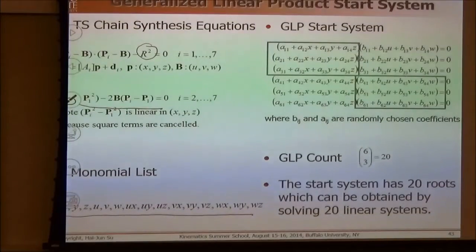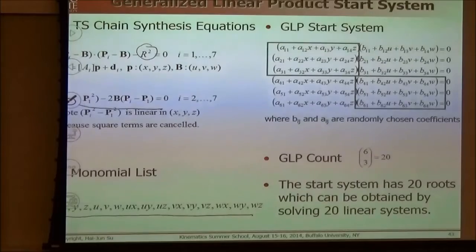And then the solution to that linear system gives you one solution of the start system. Now the root count in the start system will be all possible combinations of the linear product.